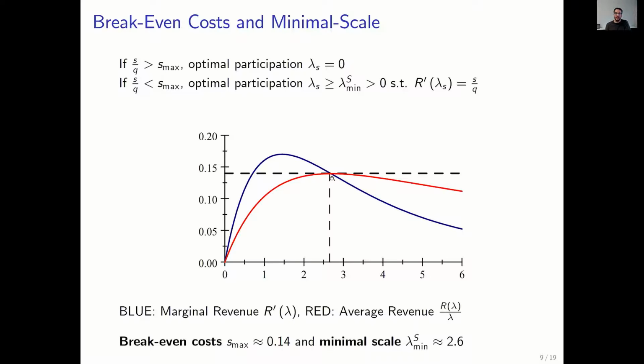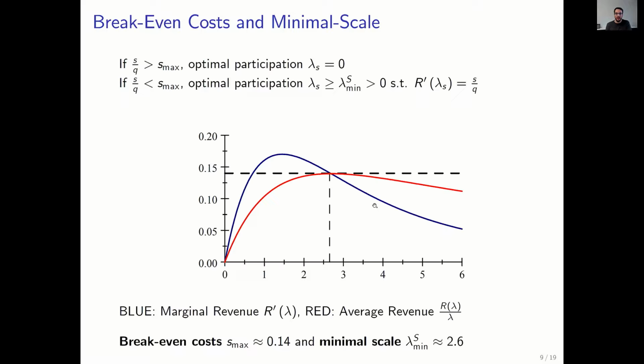So if the costs are above 0.14, the seller will choose the corner solution and produce nothing. And if the costs are below 0.04, then the seller will choose the larger intersection, which is above the minimal scale, which is about 2.6.